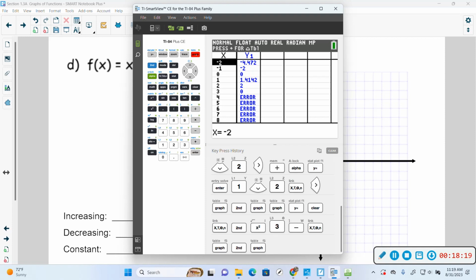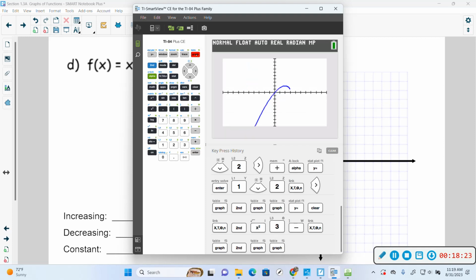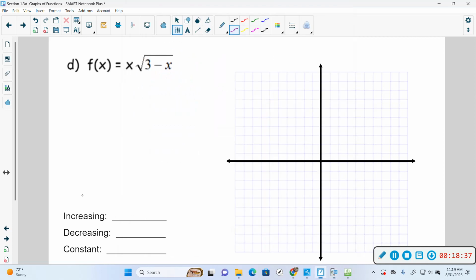Hate you, Texas Instruments. Okay, so this is my whole spiel on this one: you can't always trust the actual picture or the graph on your calculator. I think it's because it's so pixelated, it's technology. I don't always trust the picture they give me. That should be connected. When you draw it, it's really 3, 0. It hits there.